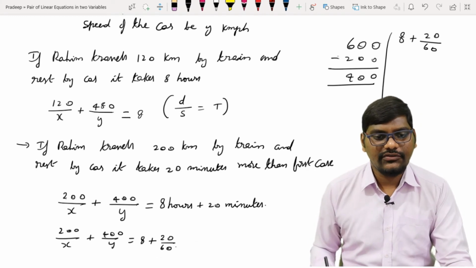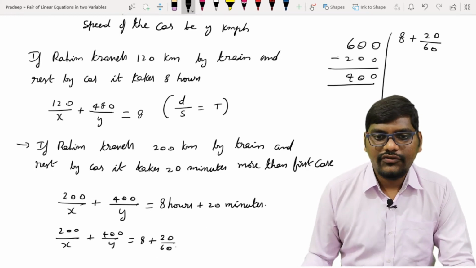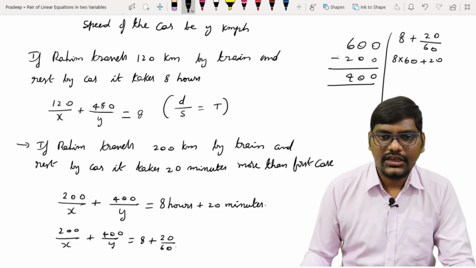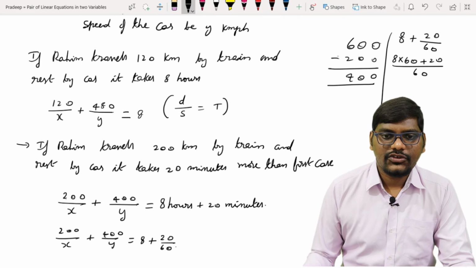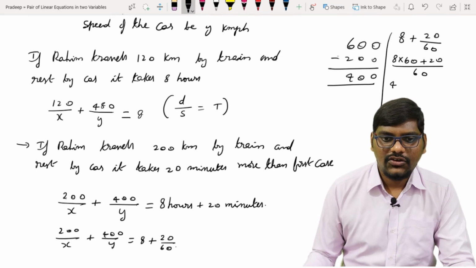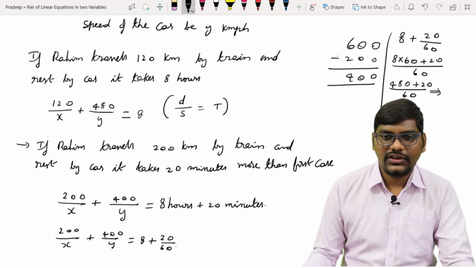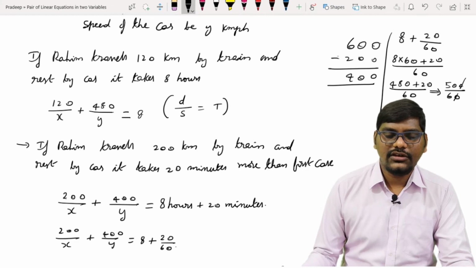We'll just simplify, then we'll write submit over here. So if I do LCM, this is 8 into 60 plus 20 whole by 60. So this is 8 6 are 48, 480 plus 20 by 60. So 480 plus 20 in the sense how much it was, that is 500 by 60. So 0 0 can be cancelled. So this we can write it as 2 3 are 6 and this is 25.